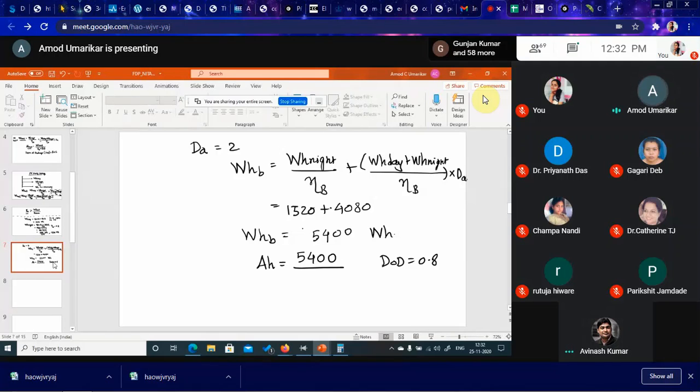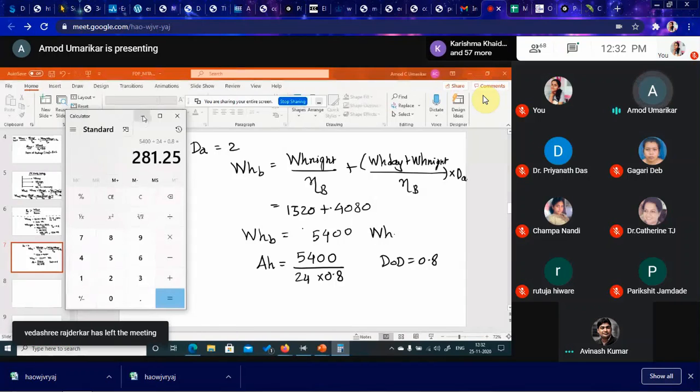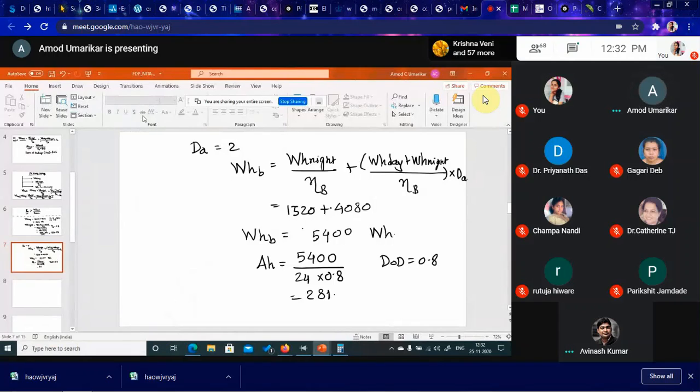So 5400 by 24 by 0.8 will be the ampere hour of the battery. So what will be the ampere hour? 281.25 ampere hour. So this will be the ampere hour of the battery required.